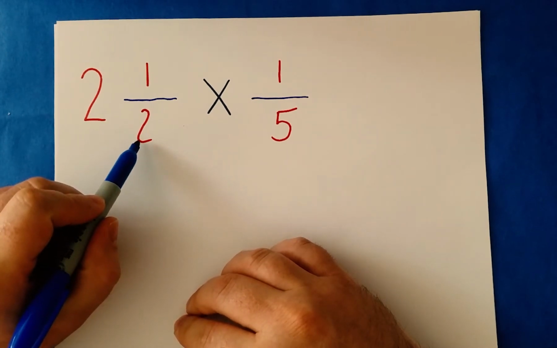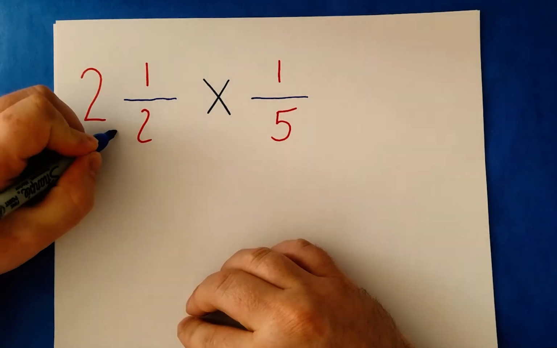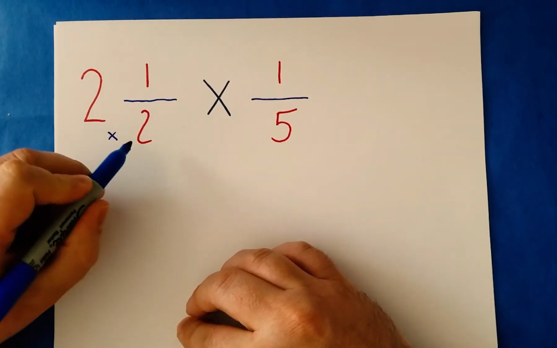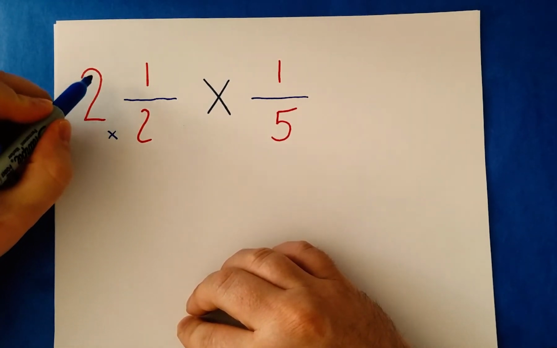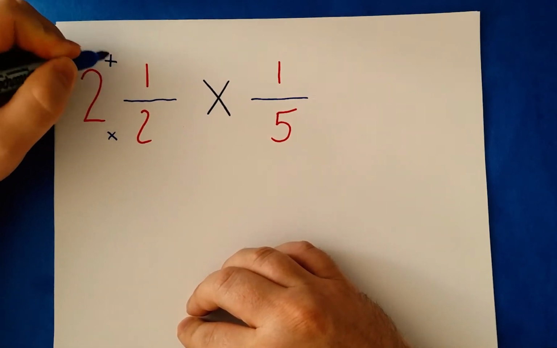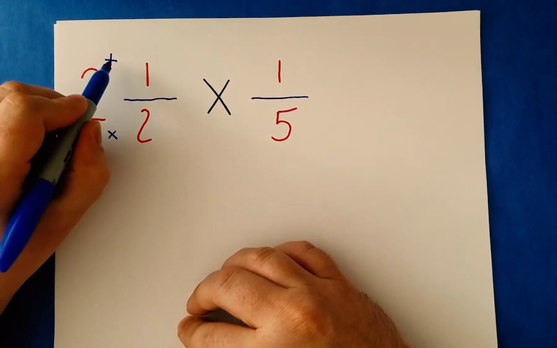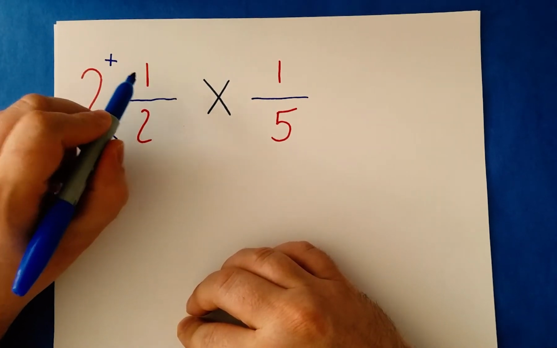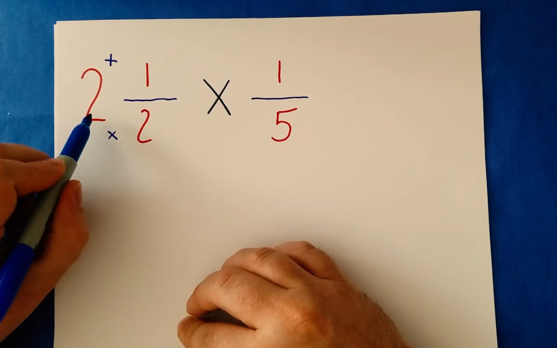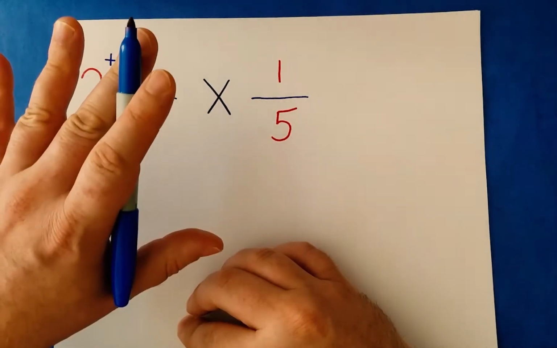We multiply the denominator by the whole number, and to that product we add the numerator. This would be 2 times 2 plus 1. Well, what's 2 times 2? You got it, 4. Plus 1, we get 5.